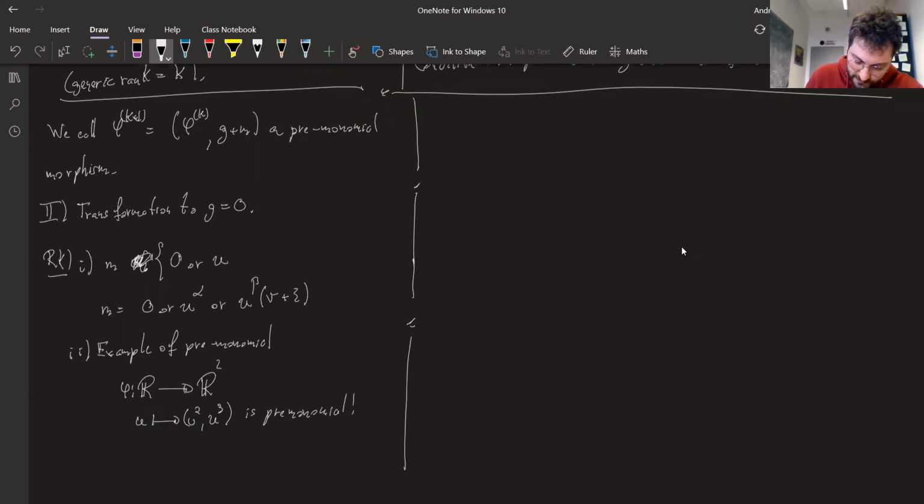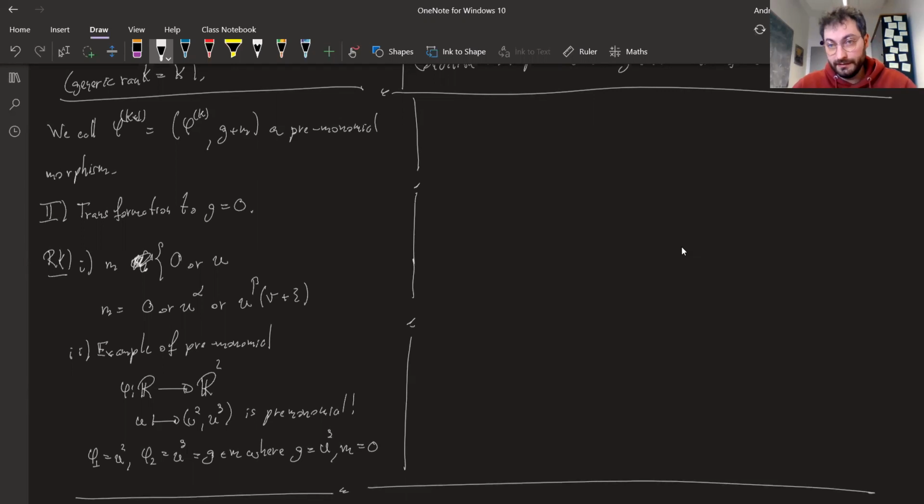So in this case, I will call phi 1 equal to u square, phi 2 equal to u third. And in this case, phi 2 is just equal to G plus M, where G is equal to u3 and M is equal to 0.